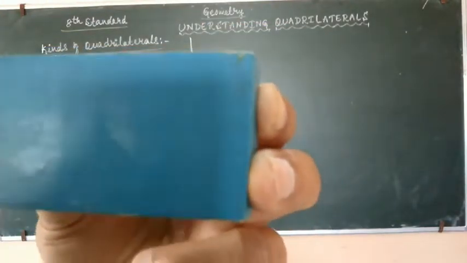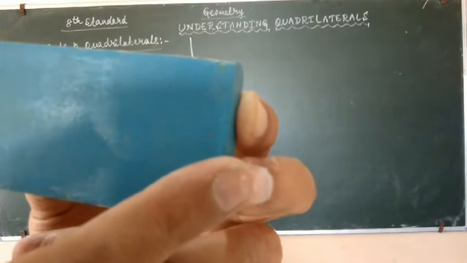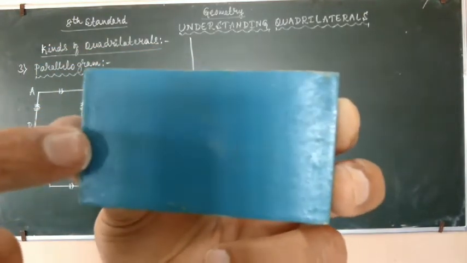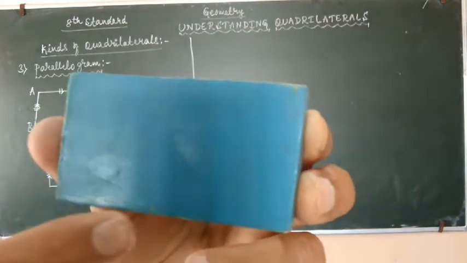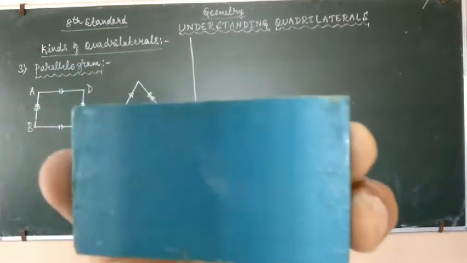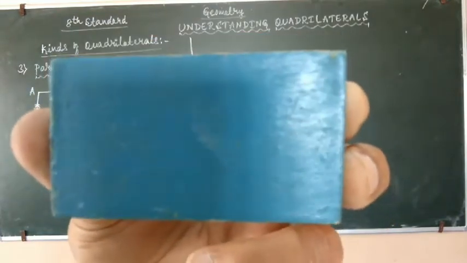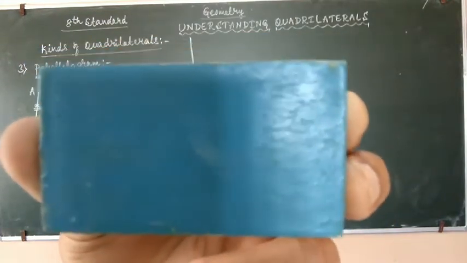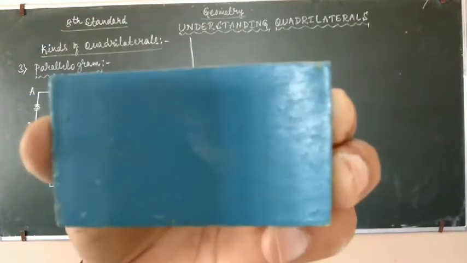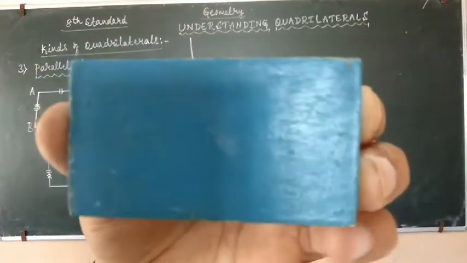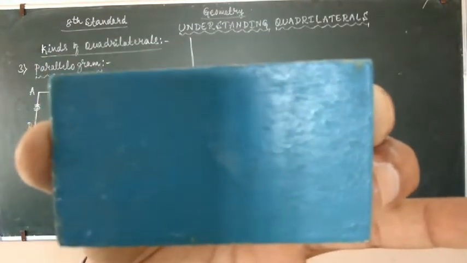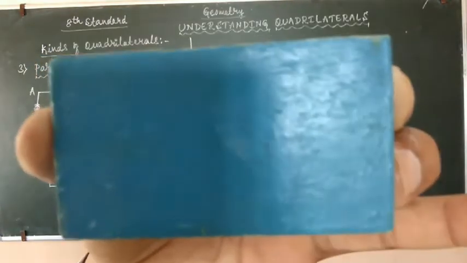Similarly, this side is equal to this side. So these two sides are equal and parallel. Here it is called a rectangle. We shall study the properties in the next types of parallelograms. Even though it is a parallelogram, it is called a rectangle.